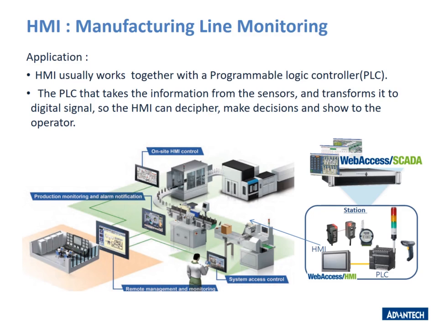The PLC takes all this information from the sensors and transforms it to digital signals, so the HMI can decipher, make decisions and show the results on the screen. The advantage of developing a smart factory is that operators can predict machine failures, which brings higher operational intelligence. Finally, it is possible to connect multiple production lines and machines with each other.